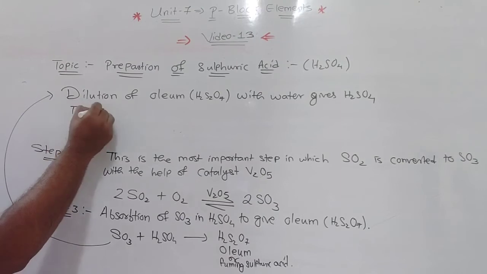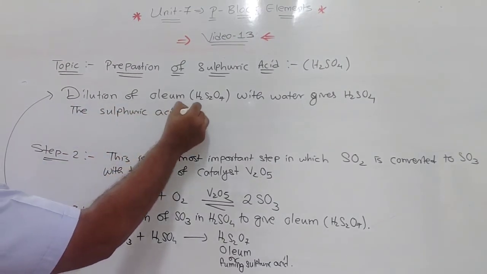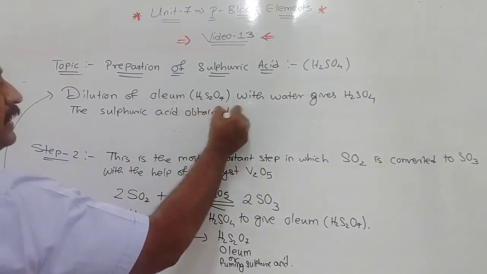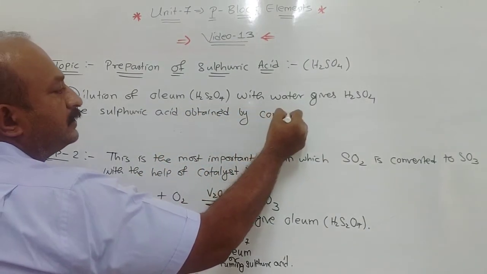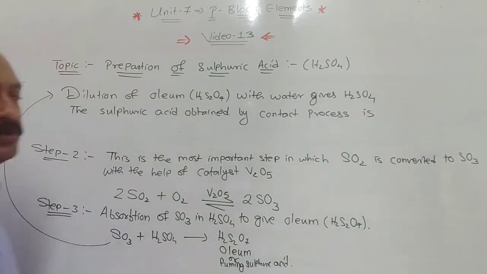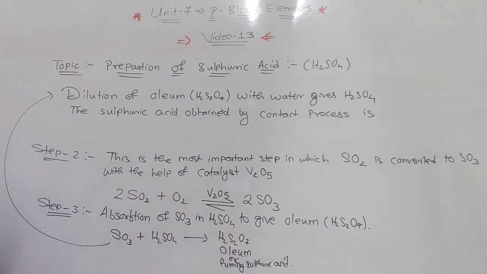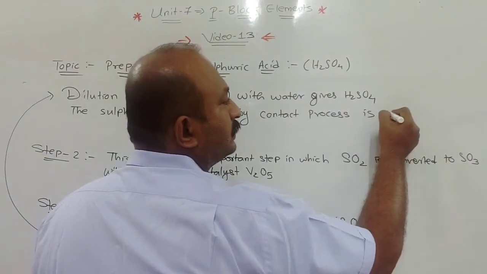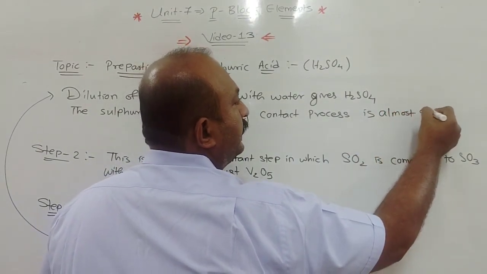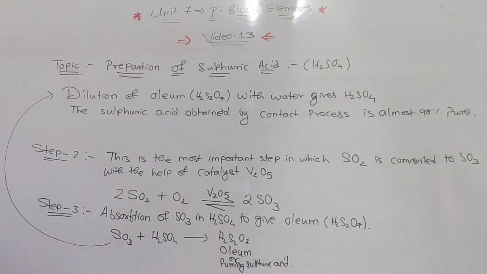Now you can remember this: the sulfuric acid obtained by the contact process is almost 98% pure. 98% pure.